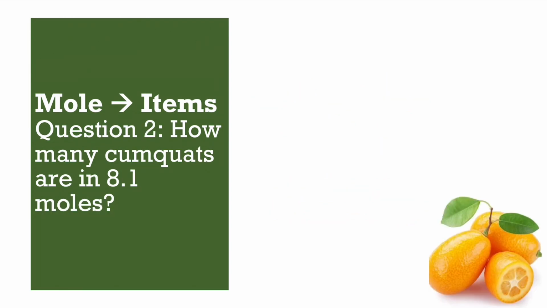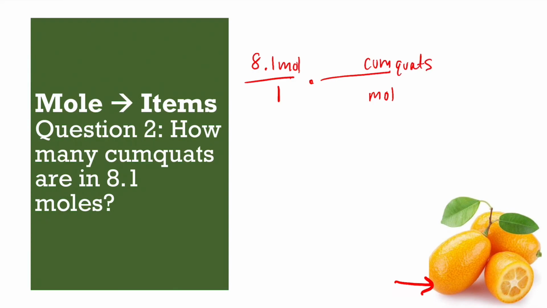Okay. How many kumquats are in 8.1 moles? There is a kumquat if you did not know what that looks like. We're going to start with our given, which is 8.1 moles. Put your given over 1. Again, you want moles to cancel, so you put it on the bottom, and we're looking for kumquats, so they go on the top.